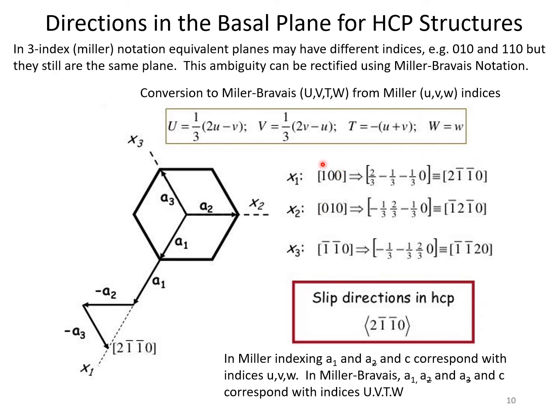So if you apply this convention, which is essentially equivalent to thinking about 3 indexes, and let's say you wanted to look at this direction, 2 bar 1 bar 10, in the Miller-Bravais notation, bar 1 means minus.